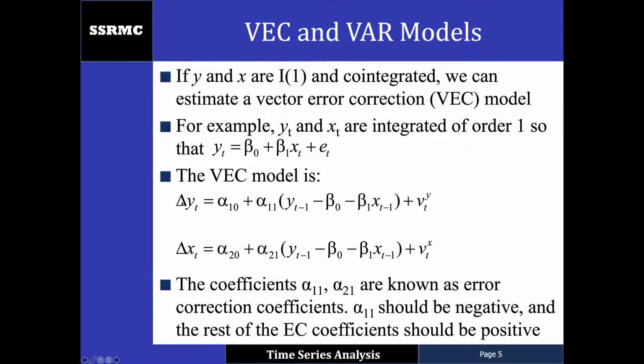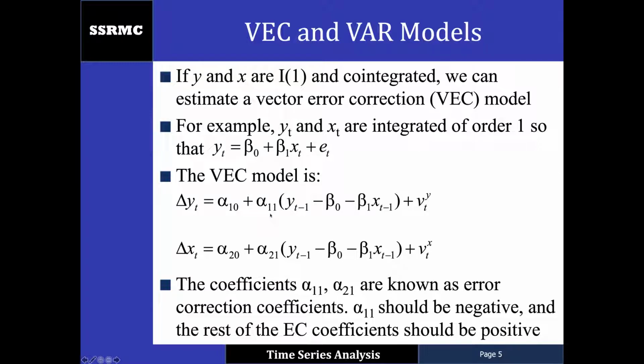So we use the first difference of yt and xt as the dependent variables because both of them are stationary. We then use the error from this long-term equilibrium relationship equation as a variable in these two equations. So this part as a whole is stationary because it's cointegrated. Then we have both models satisfying the assumption of linear regression.